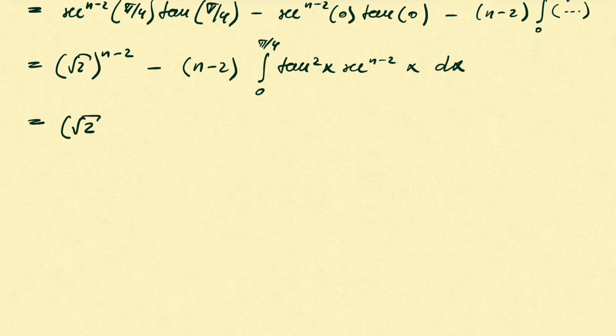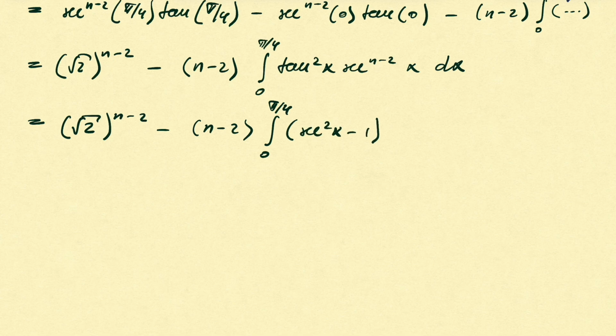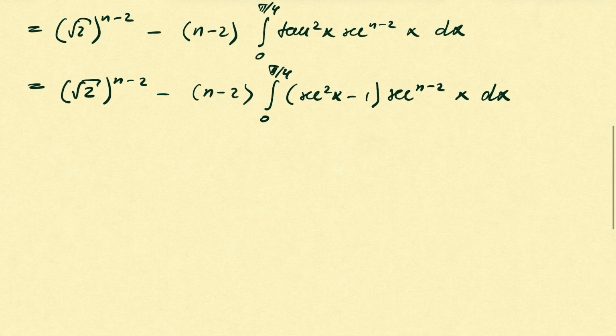Let me rewrite: square root of 2 to the power of n minus 2 minus n minus 2 times the integral from 0 to pi over 4. Well, if 1 plus tangent square x is secant square x, then tangent square x is secant square x minus 1, and we multiply this by secant to the n minus 2 of x dx. I used the following identity here. I'll make this as a remark: 1 plus tangent square x is equal to secant square x.